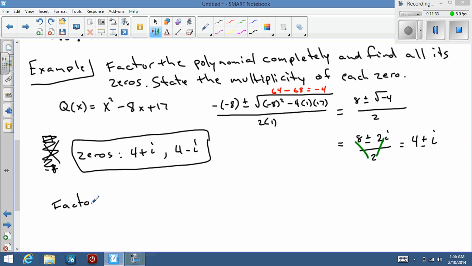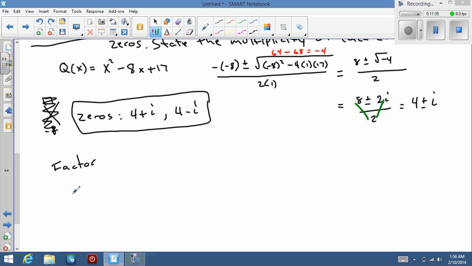I take my zero and I subtract it, right? So I take my zero, 4 plus i, and I'm going to take x minus 4 plus i. And because I'm subtracting an expression, it's a complex expression, but it's an expression, I'm going to get x minus the 4 minus i.